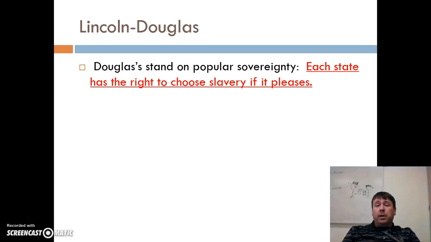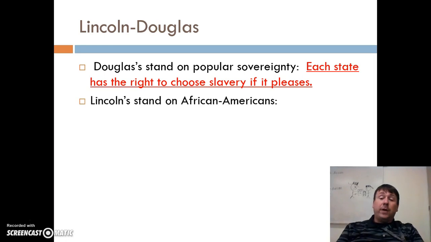Douglas was really kind of prepping at this point to become president, and he was going to become senator and then later on move to become president. Lincoln, everybody got to find out his views on stuff, and Lincoln was a pretty good speaker, pretty sharp-witted man. His stand on African Americans, a lot of people think that he felt that African Americans deserved the same rights as everybody else.